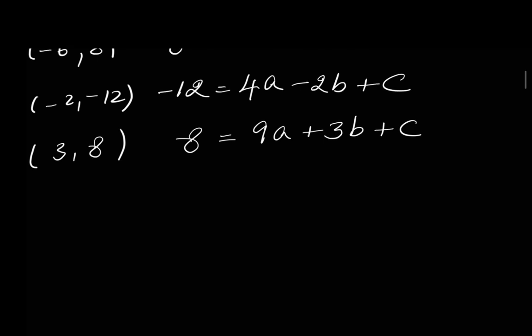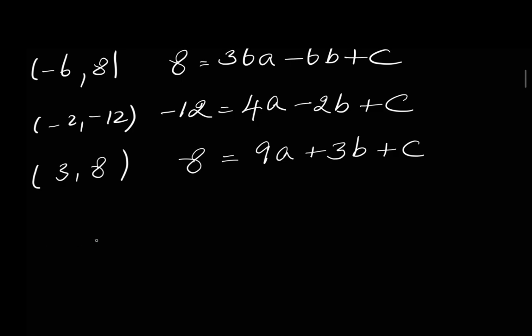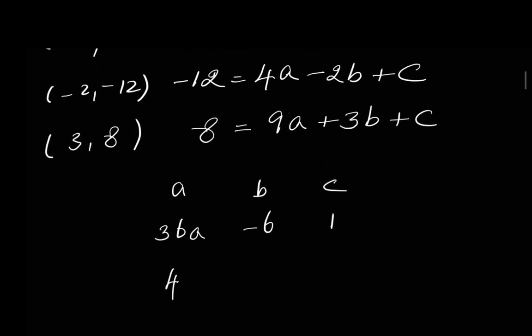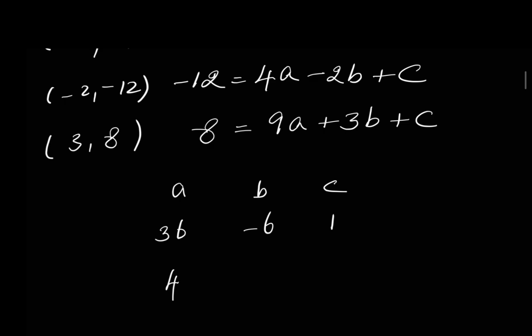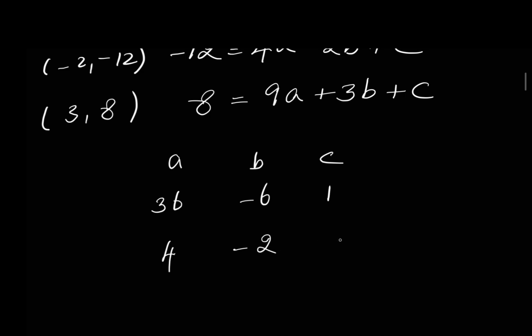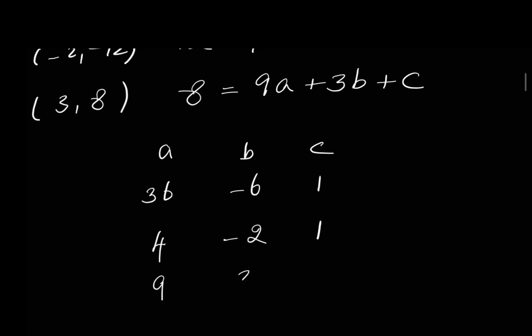So let me write the augmented matrix for this equation. That is here a coefficient, b coefficient, c coefficient. First equation is 36, minus 6, 1. Then here 4, minus 2, 1 and 9, 3, 1.